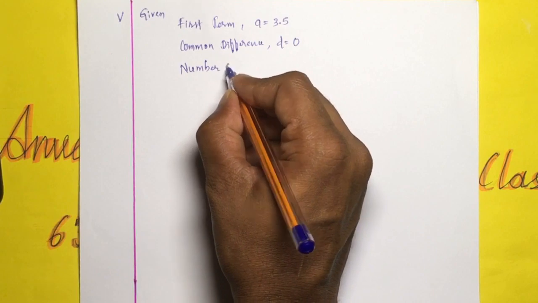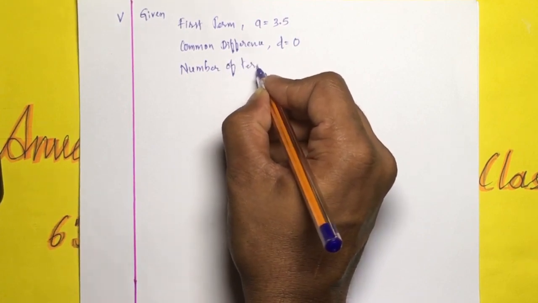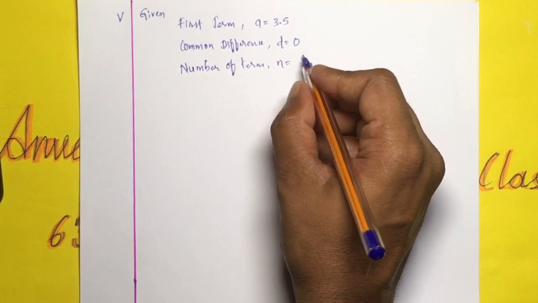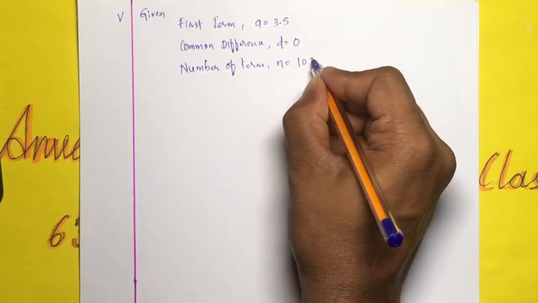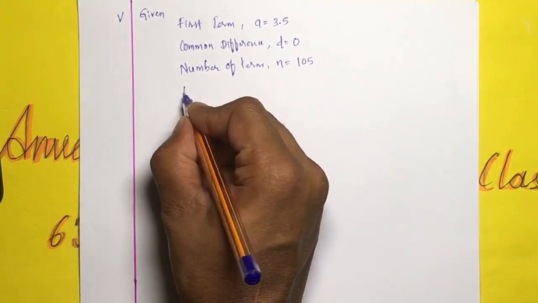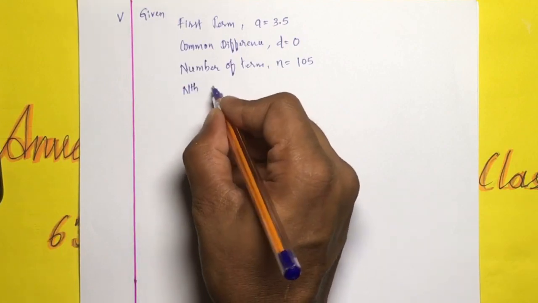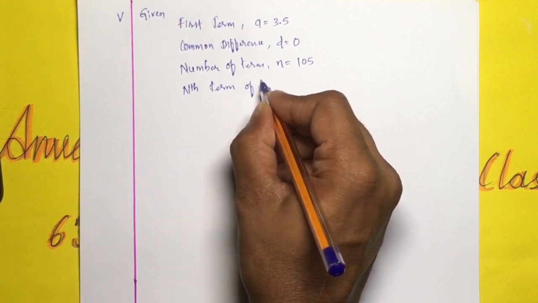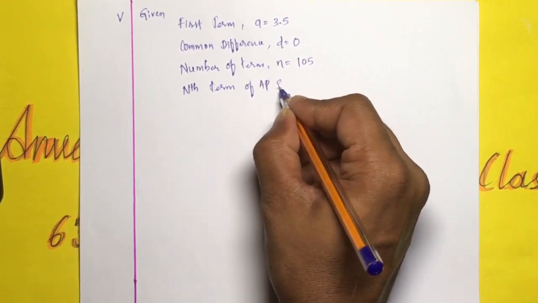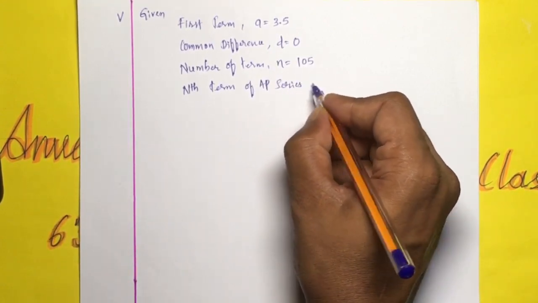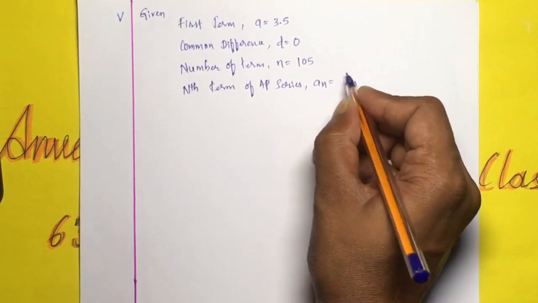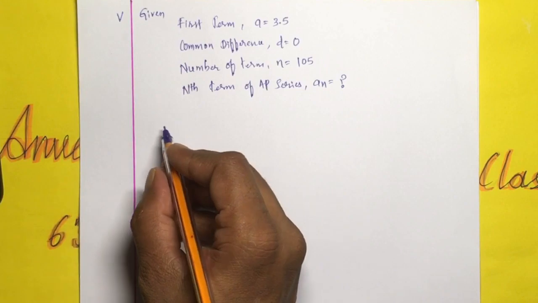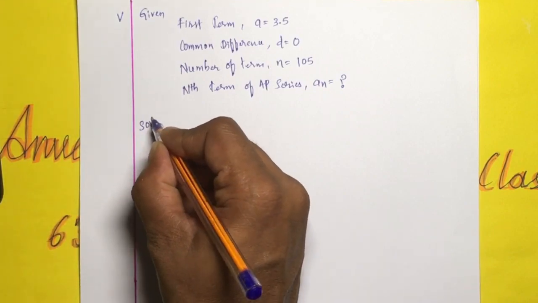Number of terms n is equal to 105. Nth term of AP series an equal to, we have to find it.